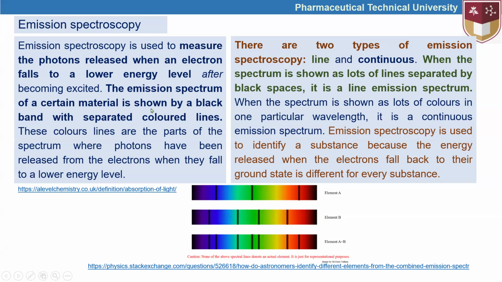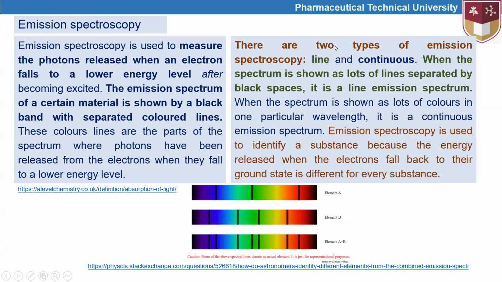And this is about emission spectroscopy. The emission spectrum of a certain material is shown by a black band with separated colored lines. These colored lines are the parts of the spectrum where photons have been released from the electrons when they fall to a lower energy level.